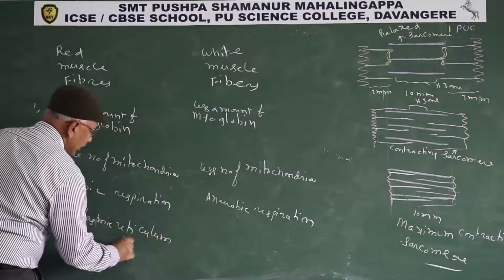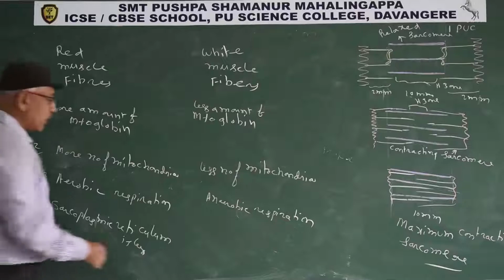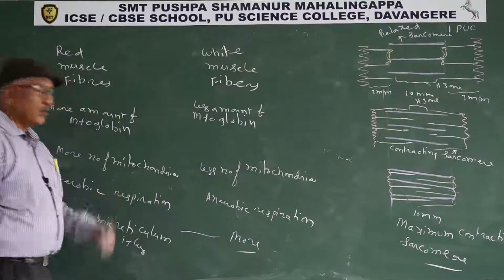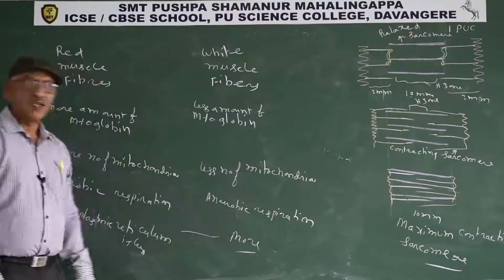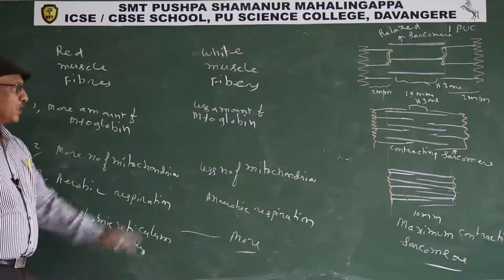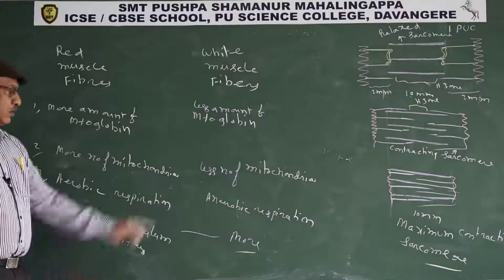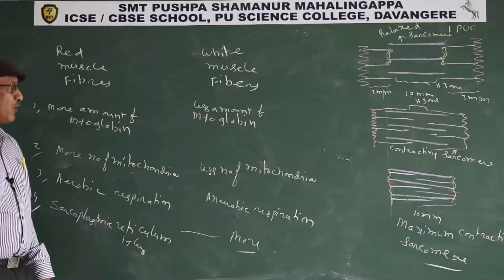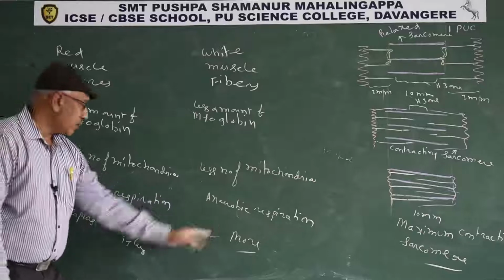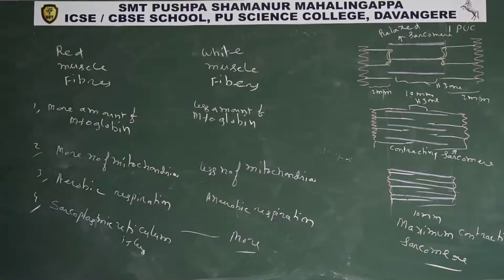Sarcoplasmic reticulum is less in red muscle fibers. It is more in white muscle fibers. If the sarcoplasmic reticulum is more, more calcium ions are present, and they undergo powerful contraction. So white muscle fibers undergo contraction for a long time due to the presence of more sarcoplasmic reticulum.